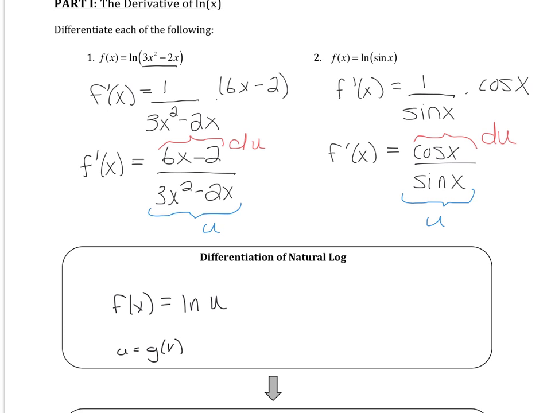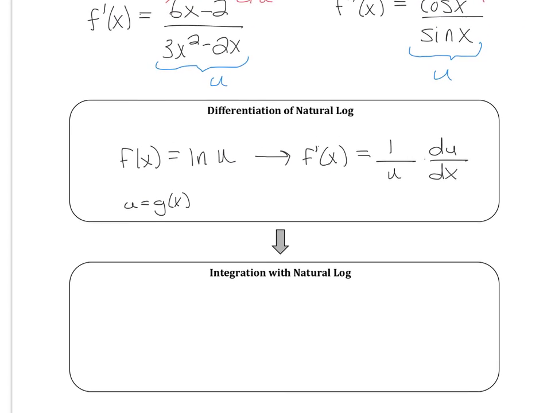So if f is equal to the natural log of u, it is then true that f prime will be equal to 1 over u times du dx from chain rule. Because u is a function of x, we must chain on the derivative of our little inner function u.